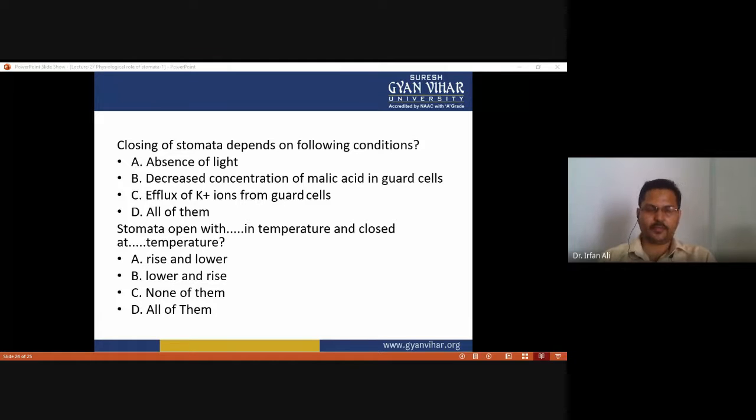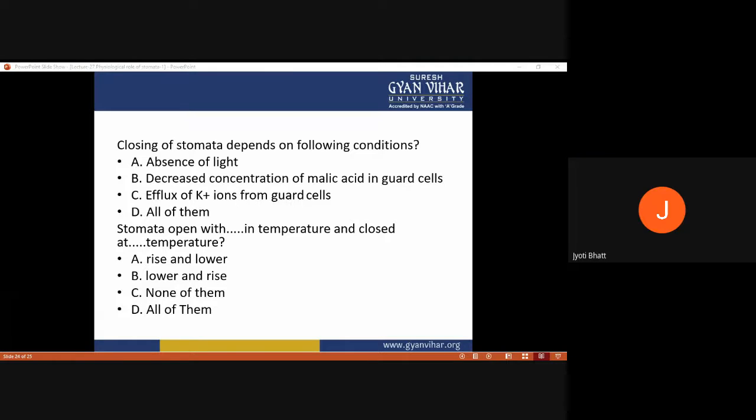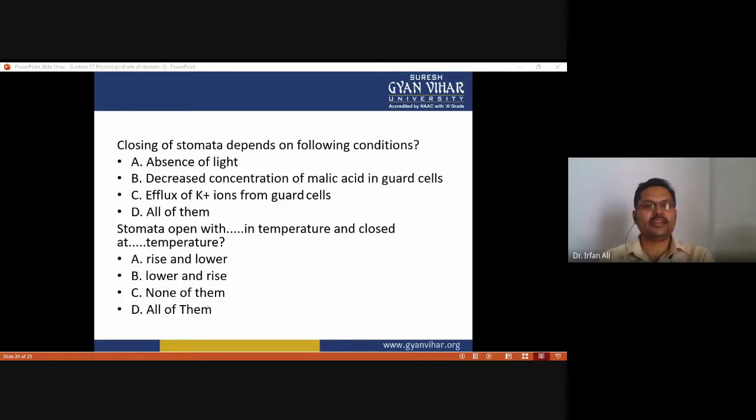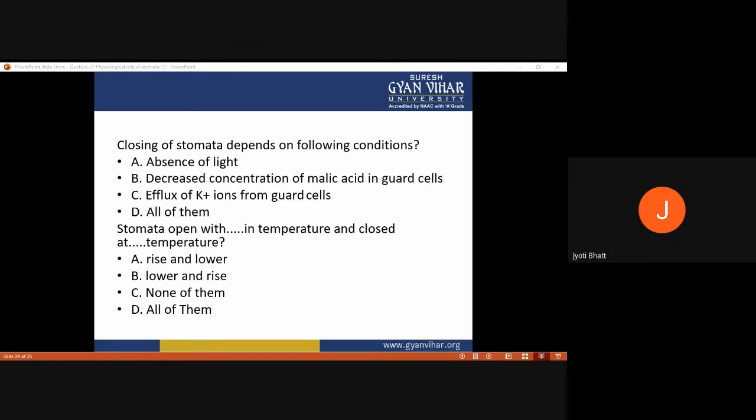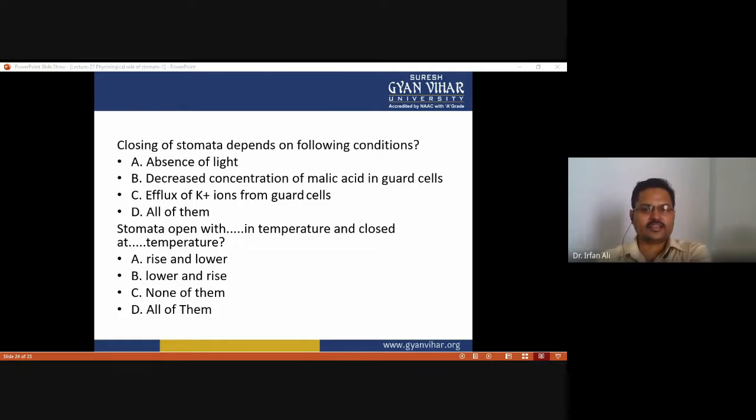You have to tell about the closing of stomata, right? Yes, stomata open at high temperature, meaning a rise in temperature, and close at lower temperature. So which of the following options is correct? Sir, A: stomata open with a rise in temperature and close at lower temperature. Correct. Very good. So the correct answer is A.